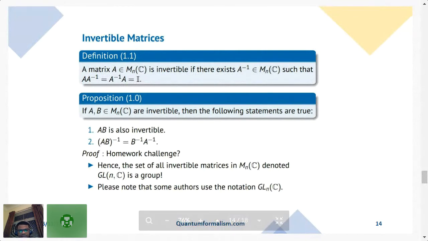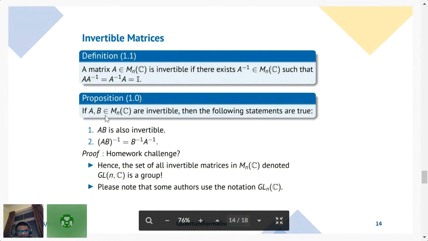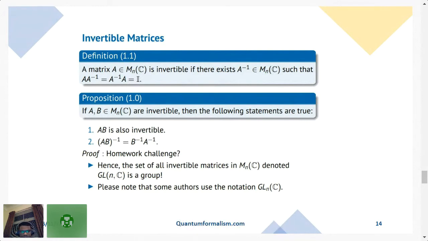And we also have that if A and B are invertible, then their product is also invertible. And this is true too: the inverse of the product is the inverse of B times the inverse of A. I will leave this as homework for you guys to prove. Just by going through the rules of multiplication, you will be able to prove these identities.